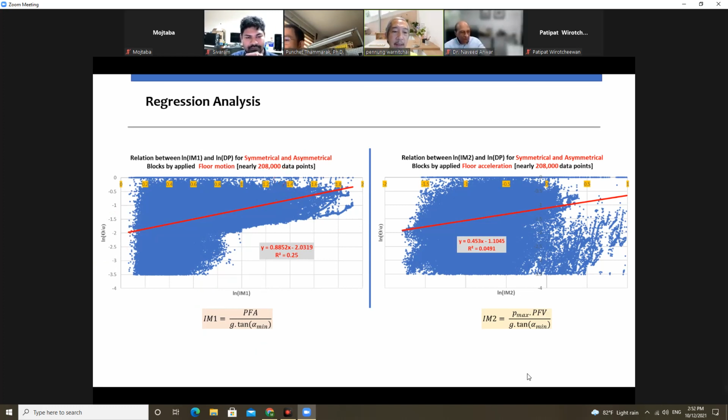So if we find that this is the best parameter, then we develop fragility function from that. So this is just an intermediate analysis step to find the best intensity measure. Yes, this is not the target relationship to be produced.